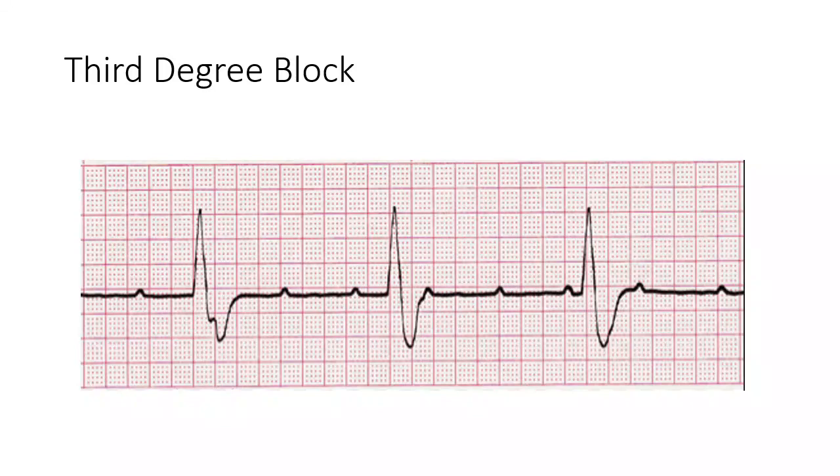The other thing that you'll notice will be, look how wide the QRS complexes are. Why? Because they're being generated from down in the ventricles. With second degree type 2, some of those impulses are still getting through, and that's going to narrow your QRS up. Does that help? Any questions on this one? Juju.